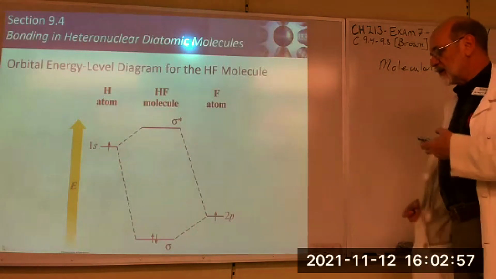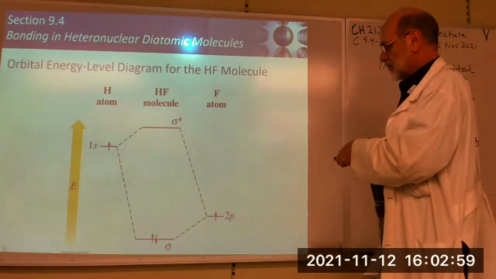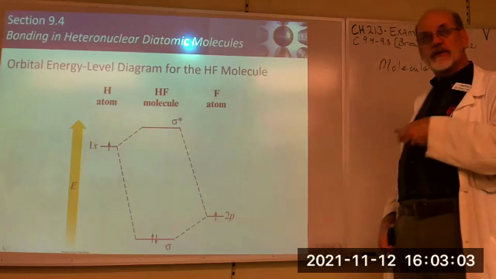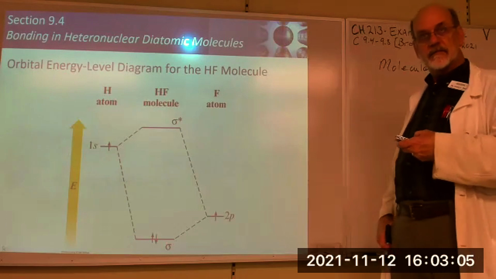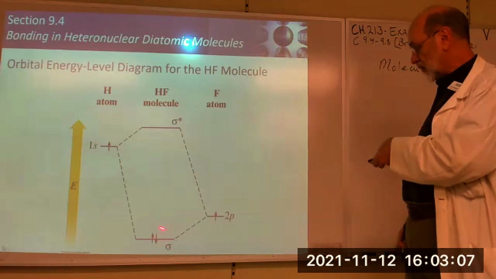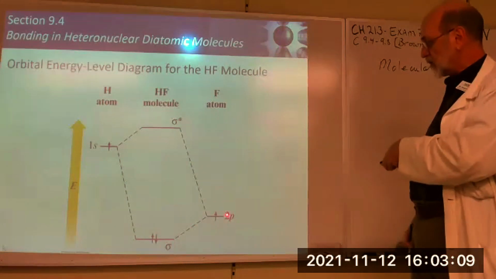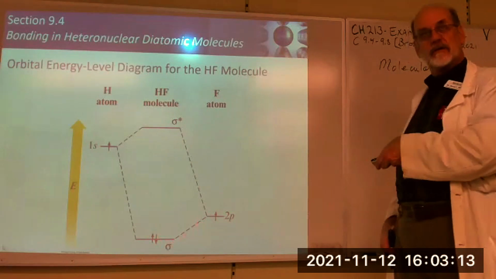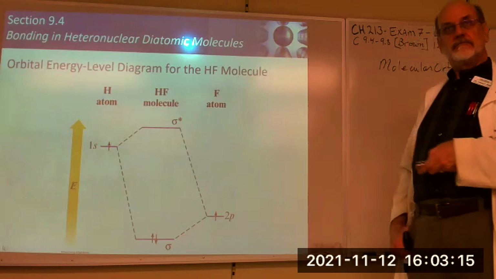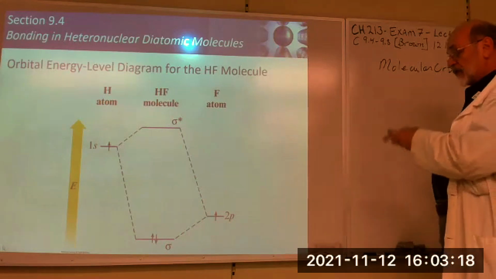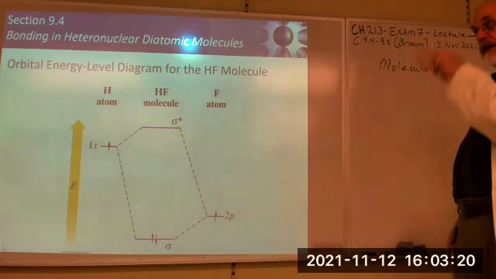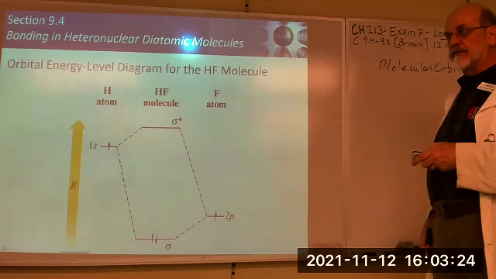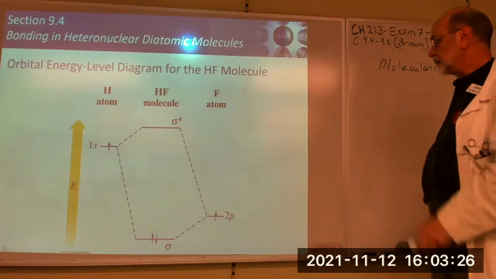I interpret this as a molecular orbital explanation for the difference in electronegativities. You would find this energy level closer to the original energy level of the fluorine, so the electrons would spend more time close to the fluorine. And I would expect to see that trend for any comparison of different electronegativities.